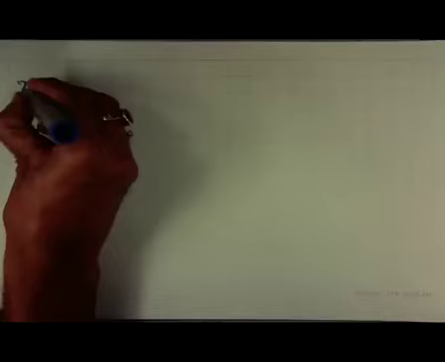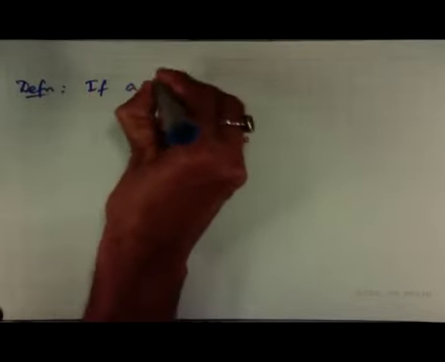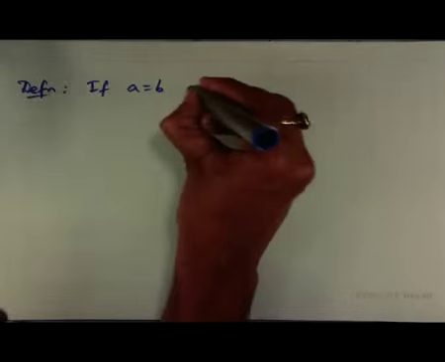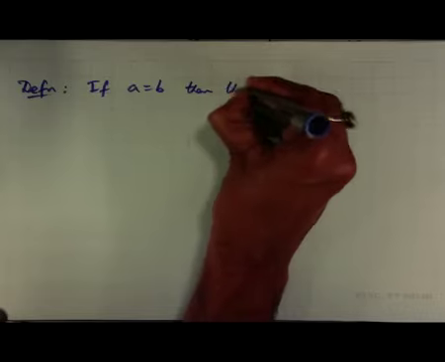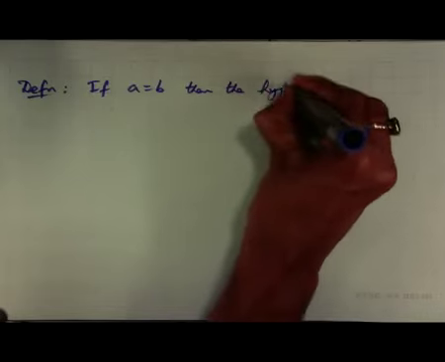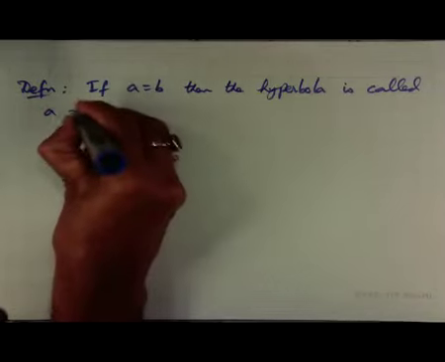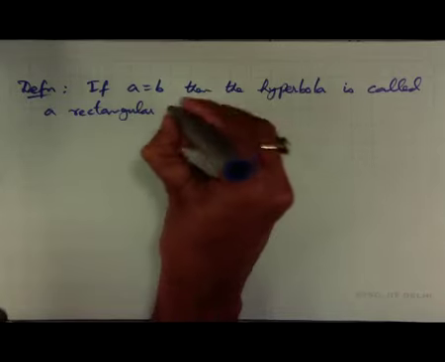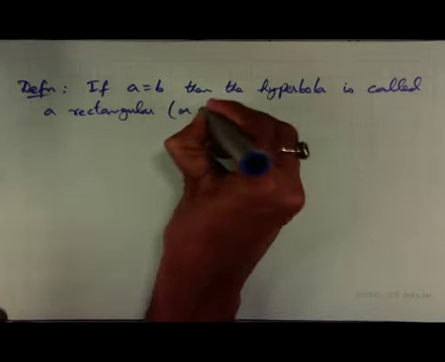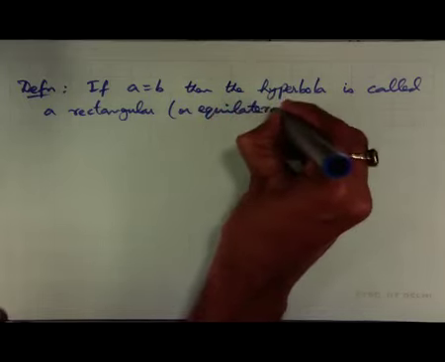Now, one definition: if a is equal to b, then the hyperbola is called a rectangular hyperbola, or sometimes it is called equilateral also. So, rectangular or equilateral hyperbola.